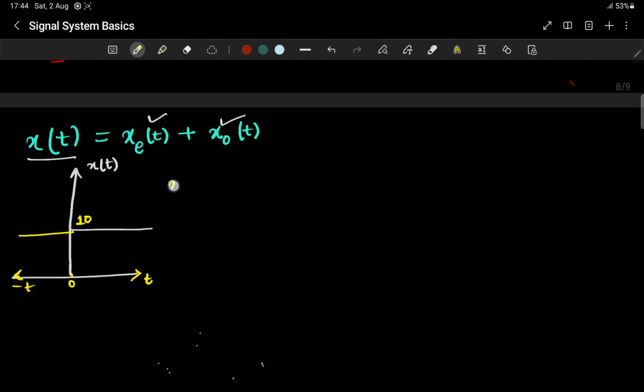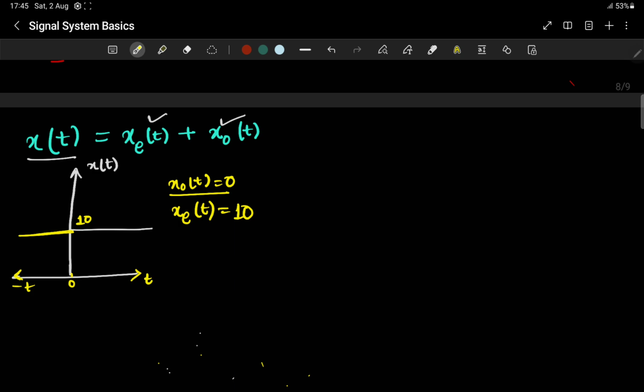This x_o(t), x naught t basically, is going to be 0. That is our odd component, because this is not an odd signal, this is an even signal, because it is symmetric against the y-axis. Again I am telling you, it is symmetric against the y-axis, that's why we are taking this. And the even component is definitely going to be 10, because we are just getting this component on just this side, nothing more.